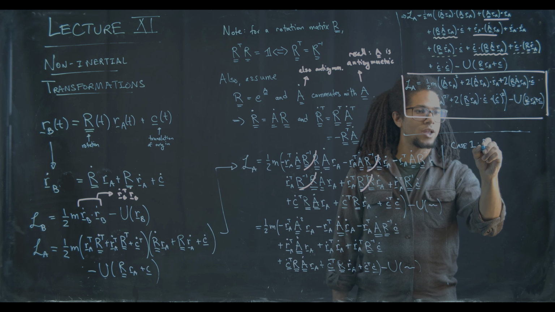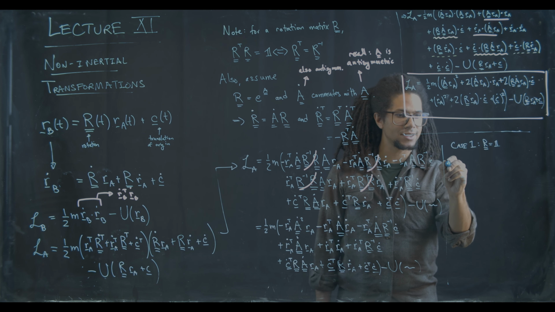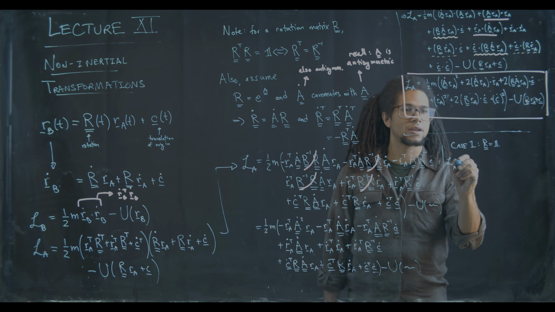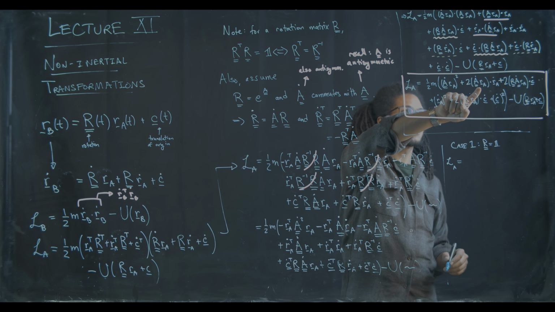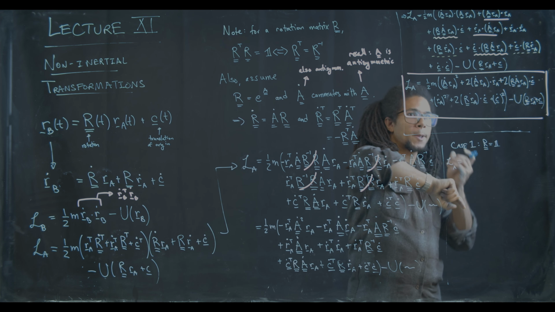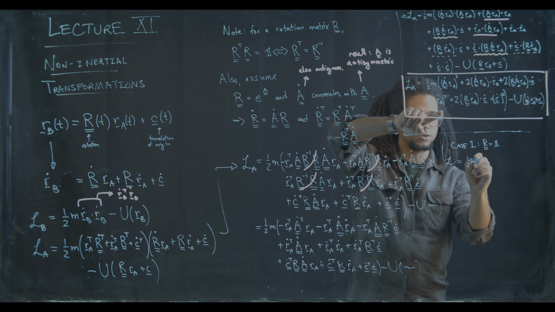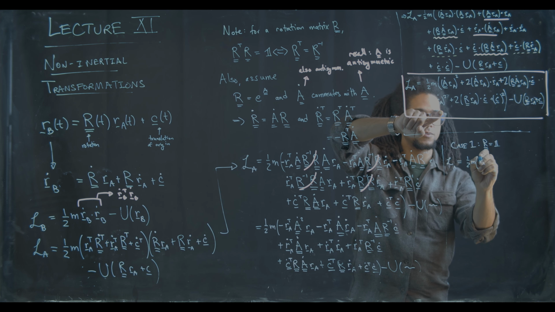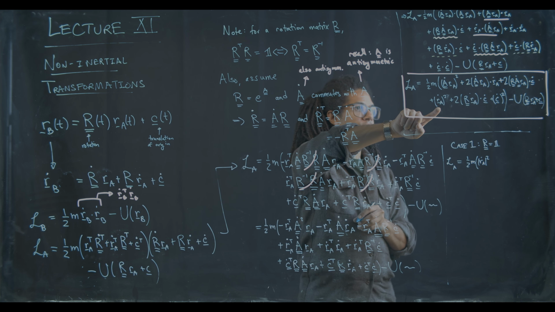So in case one, we have R is equal to the identity. In that case, notice that this term goes away, this term goes away, this term goes away, this term does not go away. So that's our first term that is non-zero.